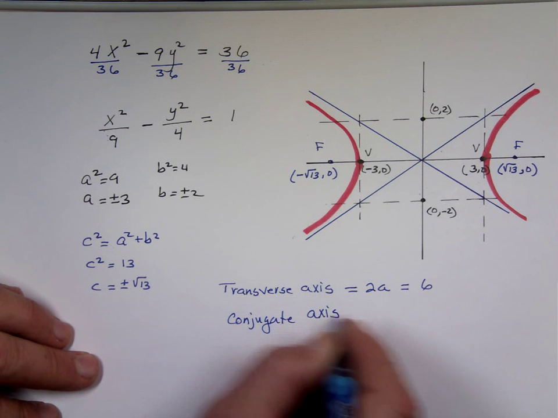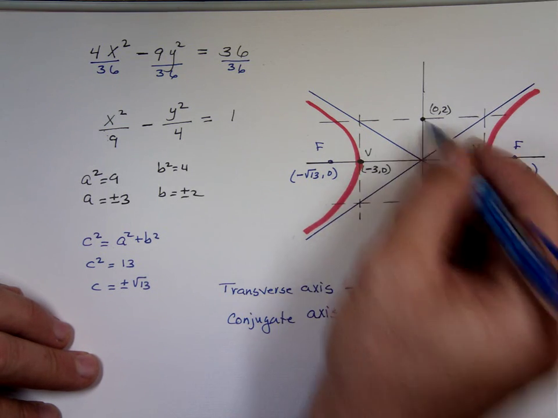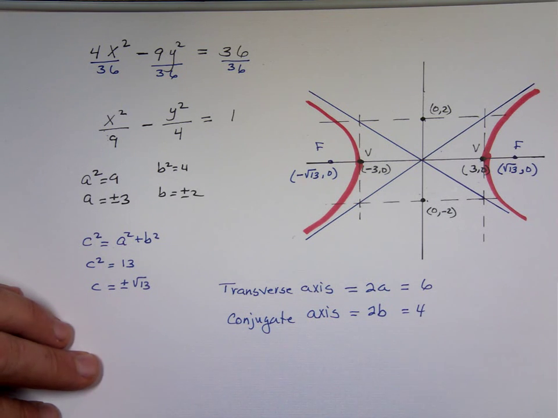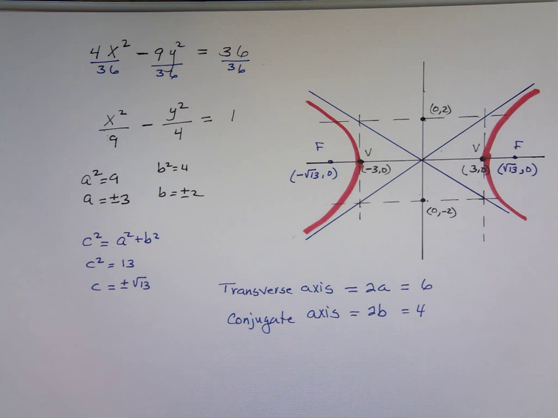The distance from here to here, that's twice b, which is 4. That's all about hyperbolas.